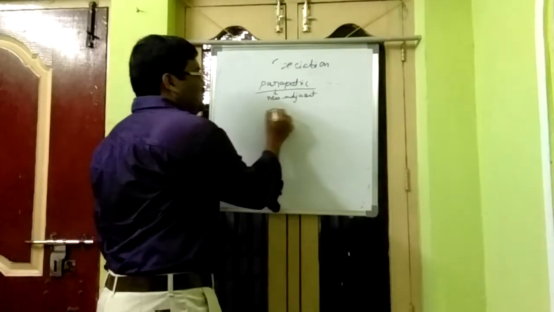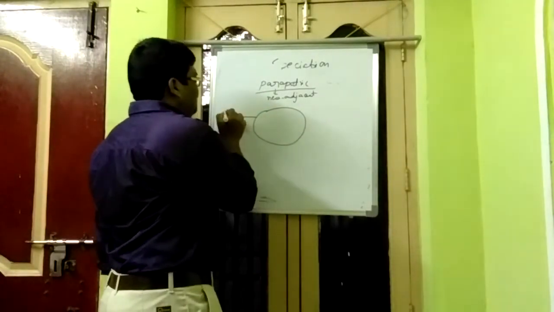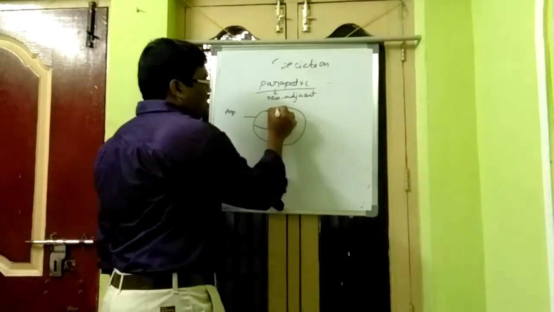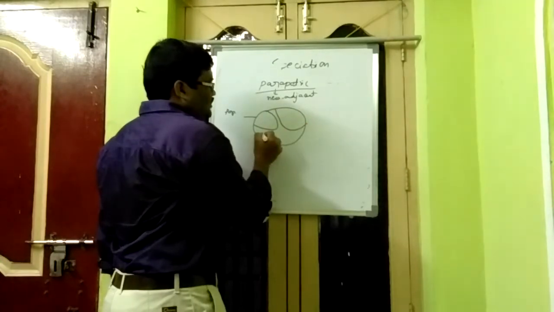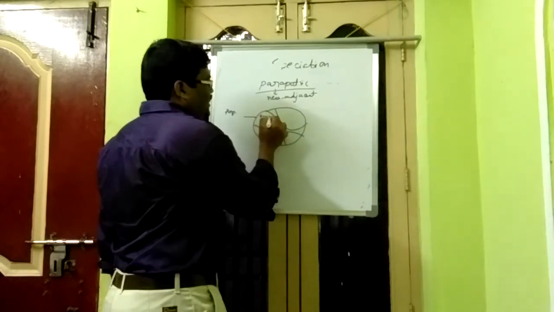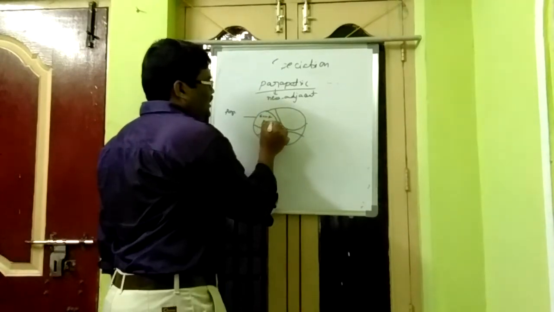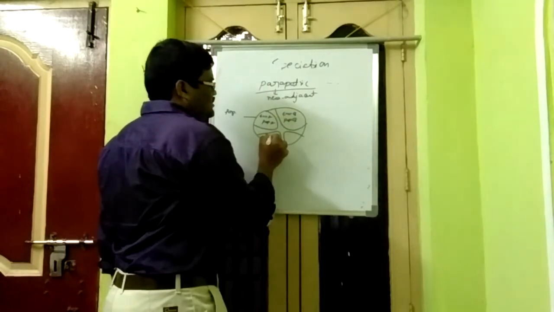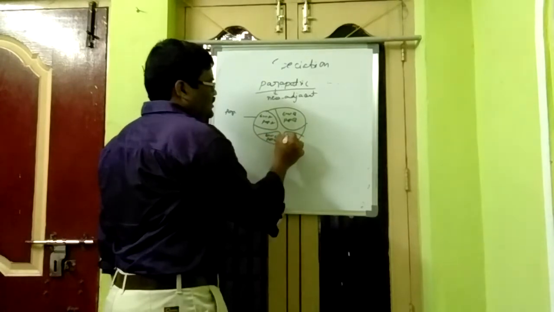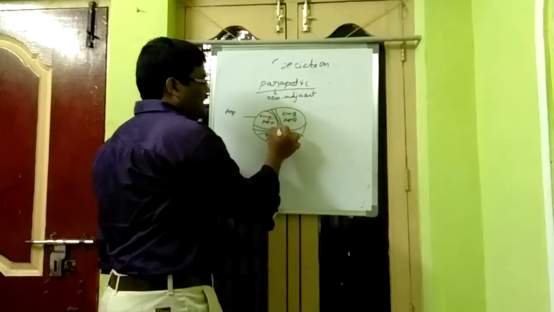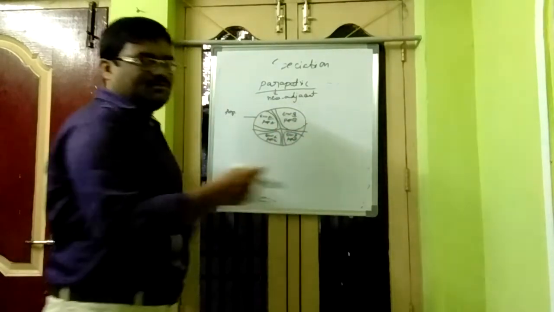For example, take a large area of one particular population. This is one environment, this is another environment, and another. That is environment A, population A, environment B, population B, environment C, population C, environment D, population D. And there is an ecotone, called the environmental margin, the boundary between different environments.